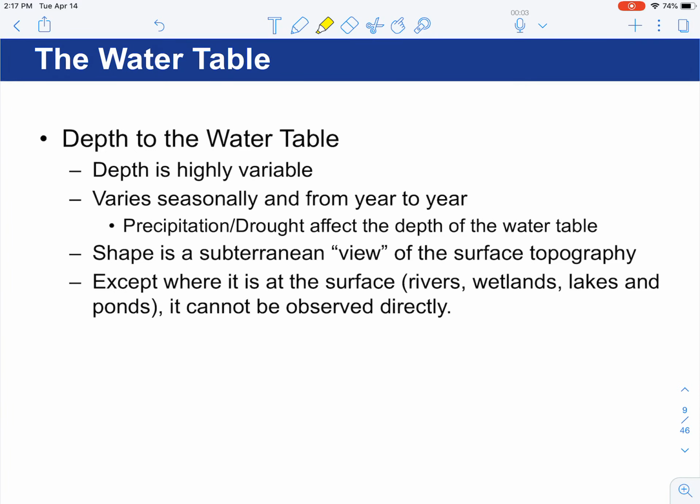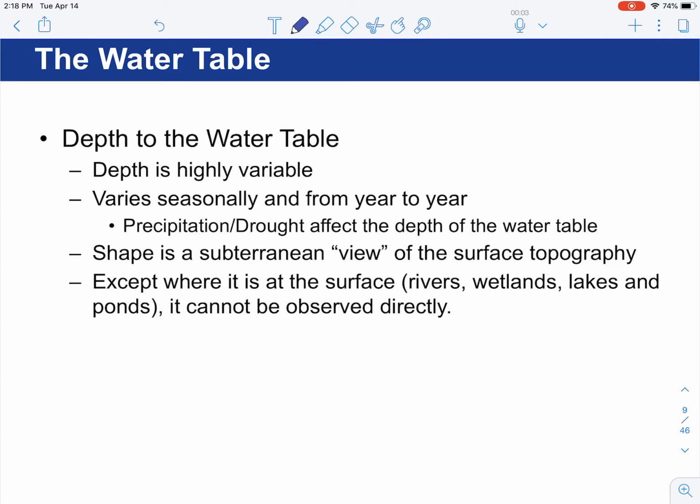And so the depth to the water table can vary, and obviously if the source is precipitation, it's going to vary depending on seasons, and it's going to vary depending on climate. If there's a drought, like in California for the past 10 years, that's going to affect it. If there is an inundation of rainfall like we've had in central Ohio, that's going to affect it.